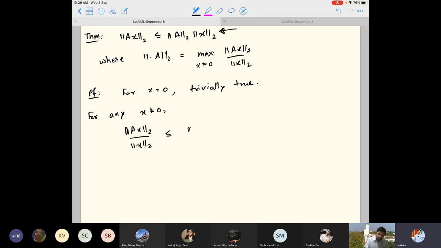Do you agree that this is less than or equal to the maximum value of this?